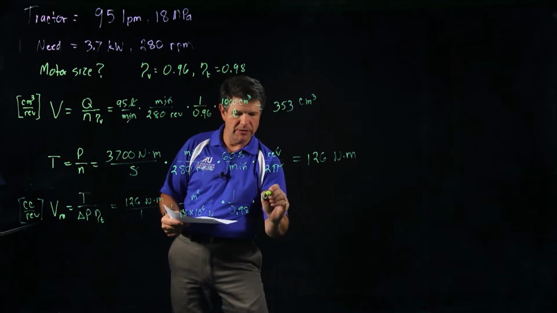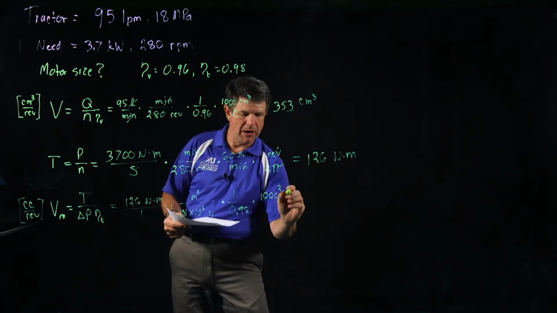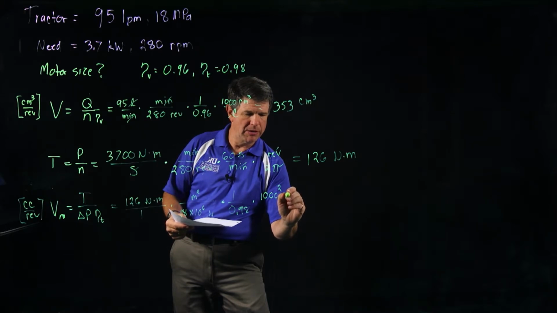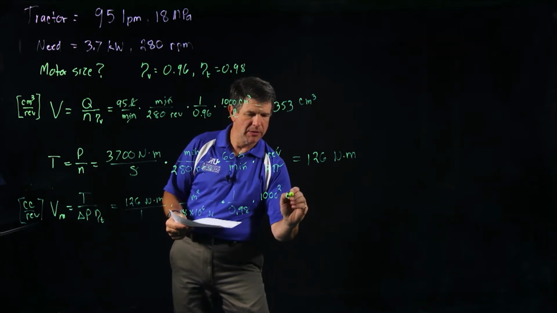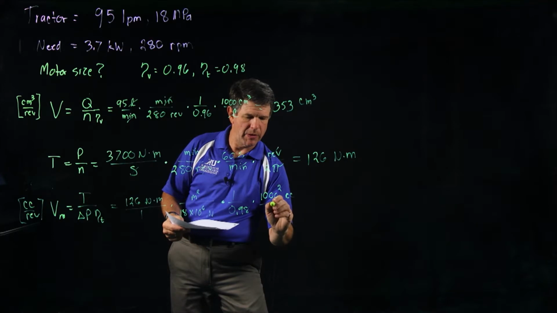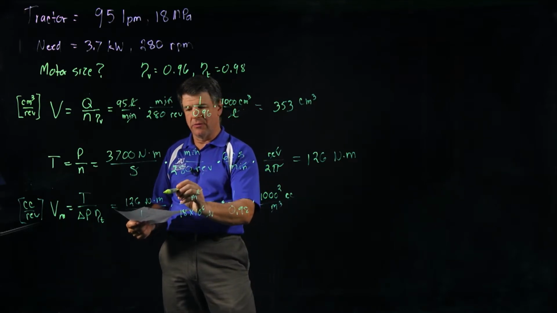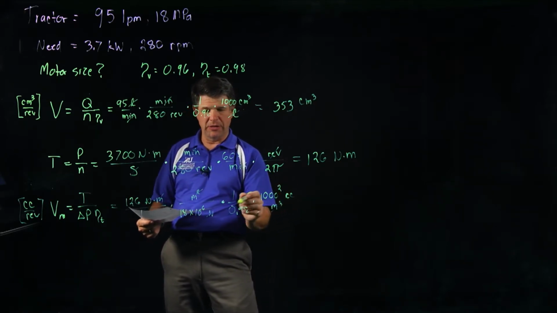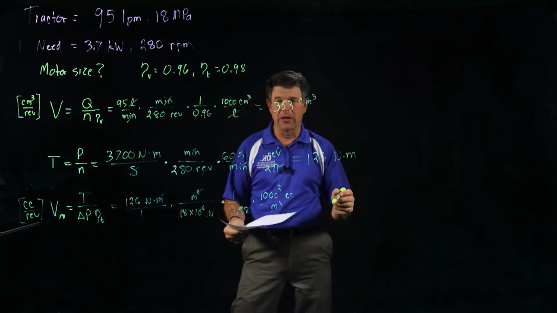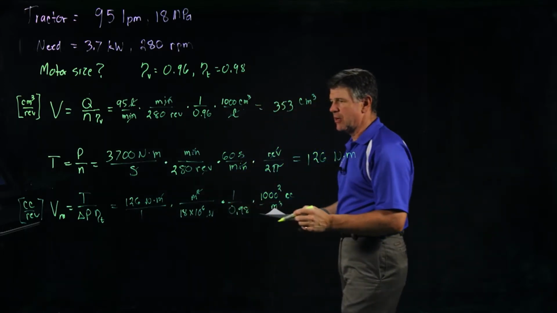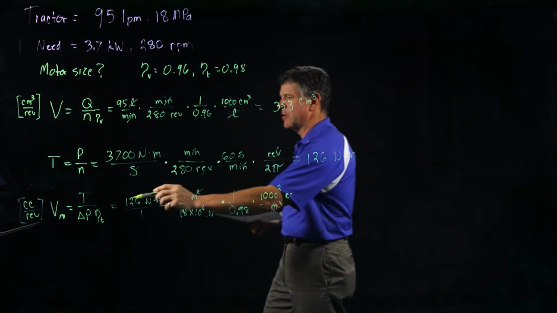So I have 1,000 squared cubic meters, or cubic centimeters per cubic meter. So that gets rid of that cubic meter, gets rid of these two and that one, and I'm left with cubic centimeters. Oh, that's what I need, cubic centimeters. Oh, I need cubic centimeters per revolution.